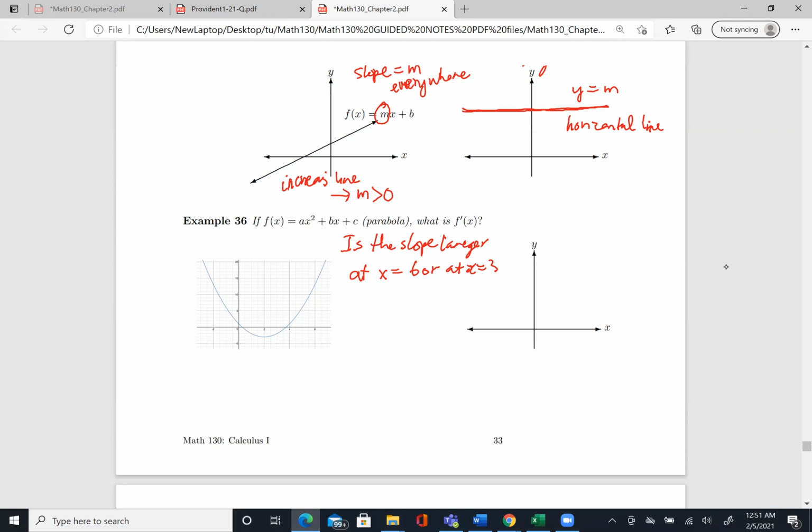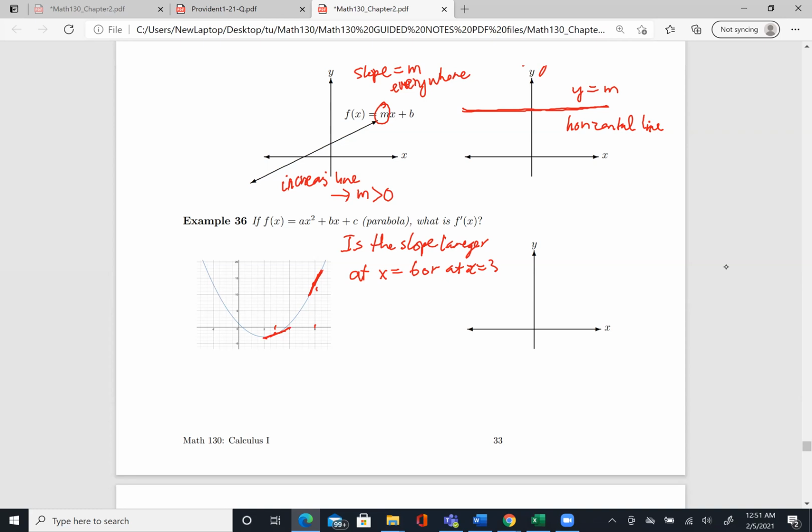So let's take a look at 6. 6 was here, right? You have a slope for the tangent line like this, right? For x equal to 3, the point is around here, so the tangent line looks like this.